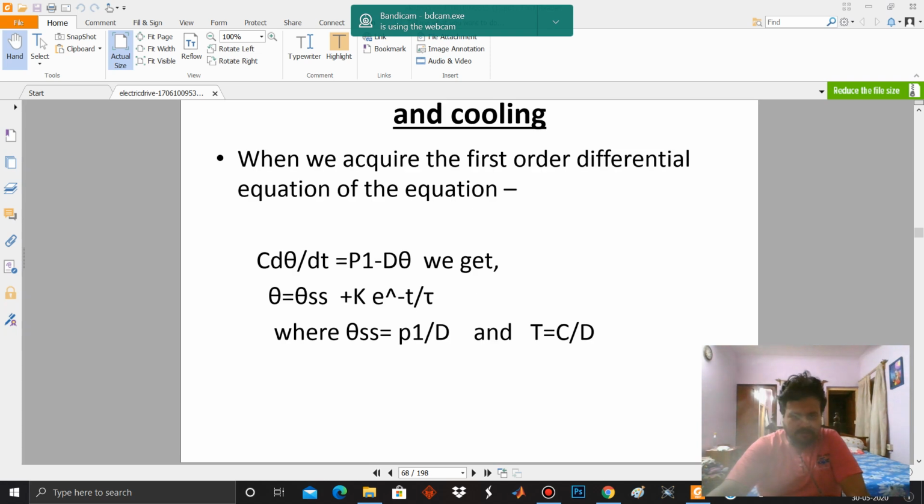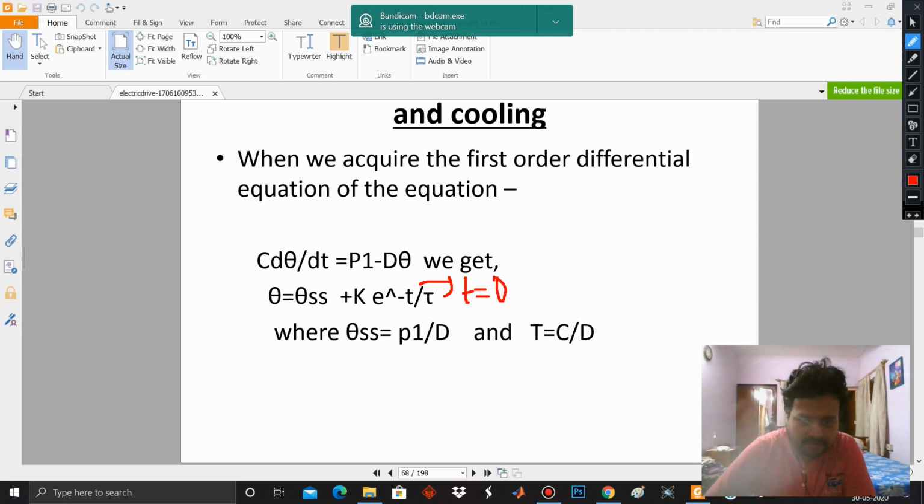Now from here, if we put t equal to 0, then we get k is equal to theta 1 minus theta ss.